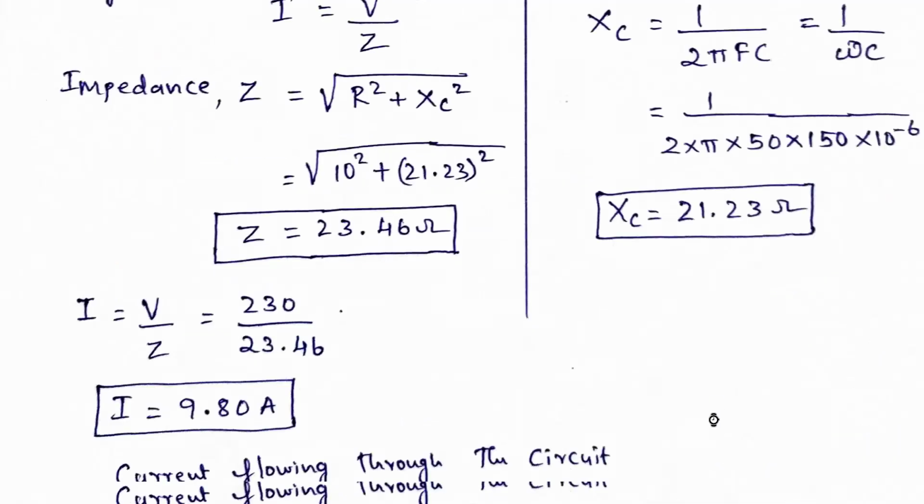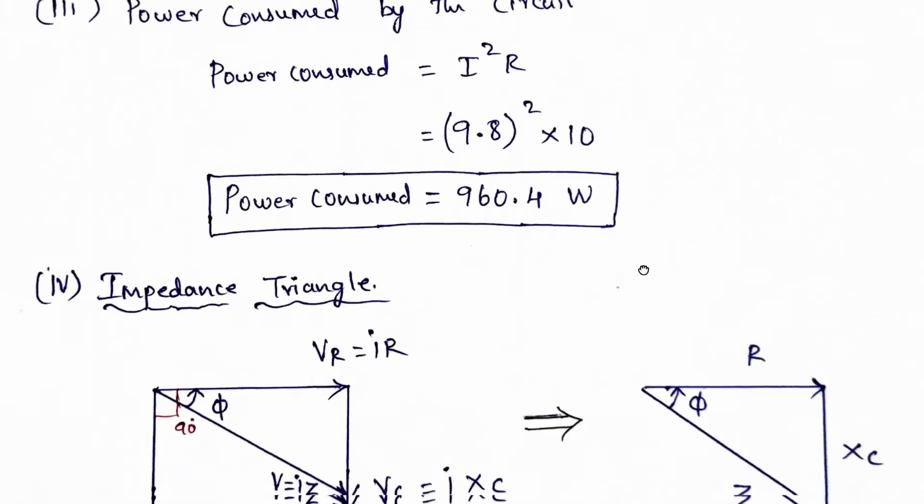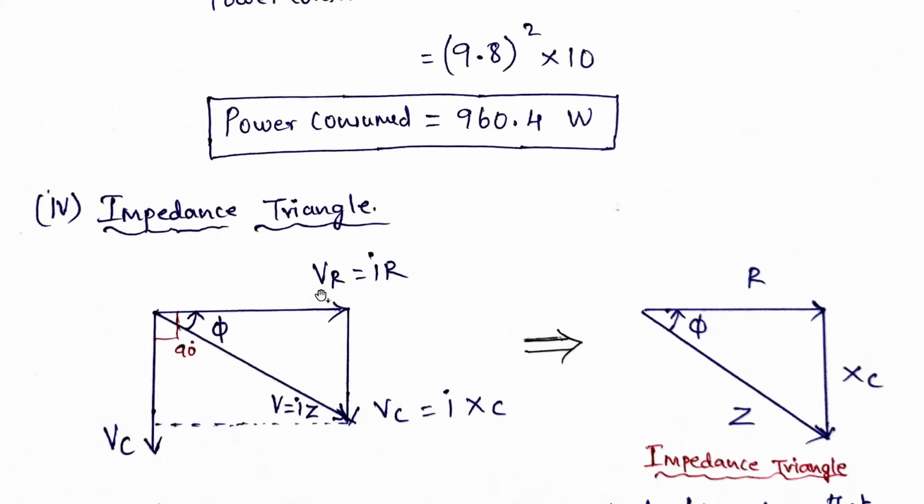So how to draw the impedance triangle? Say for example, we are taking the voltage across the resistance in this axis, VR. So VC is exactly 90 degrees, because by inserting a capacitance in the circuit there is a 90 degree phase shift between the voltage across the resistance and the voltage across the capacitance.